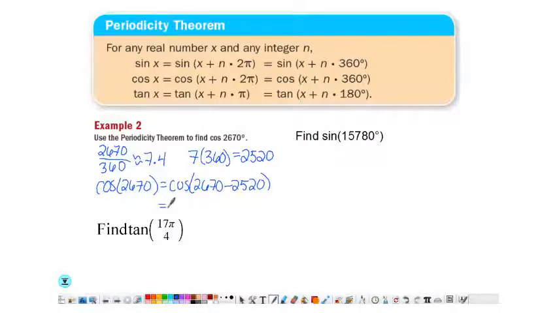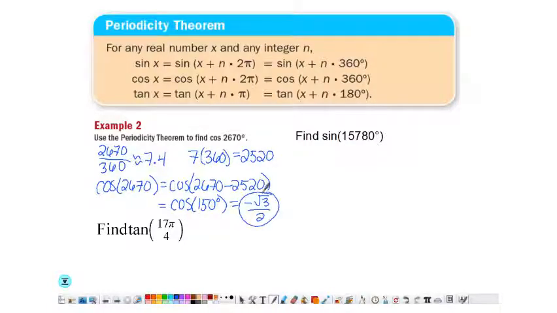When we do that subtraction, we get that this is the same as the cosine of 150 degrees. Now since that's a unit circle angle, we know exactly what the answer is. That's negative root 3 over 2.